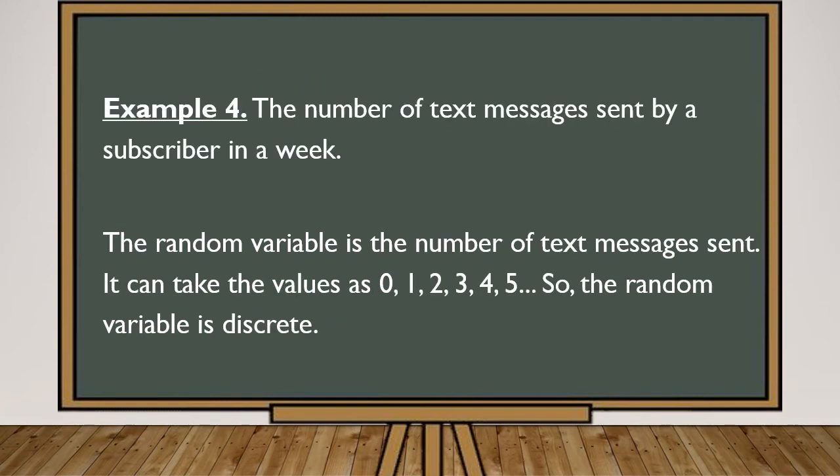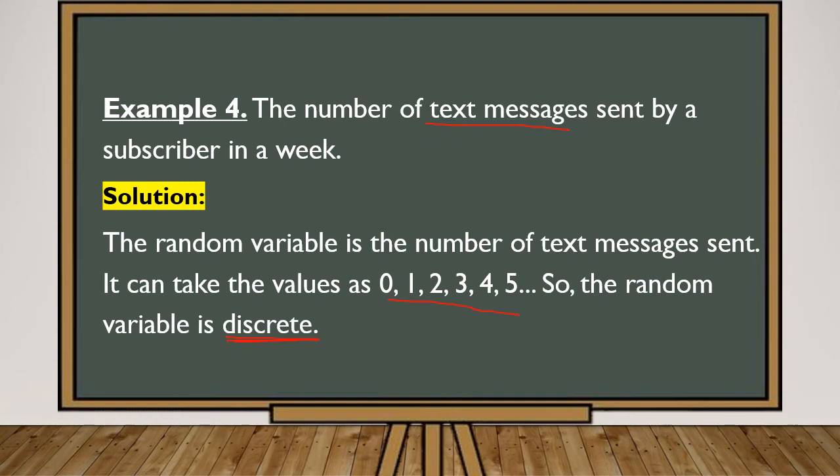Next, number of text messages sent by a subscriber in a week. Our random variable here is the number of text messages. Is it countable or not? Of course, the number of text messages is countable because you can count them as whole numbers. So you can take the value 0, 1, 2, 3, 4, 5, and so on. So this is discrete.